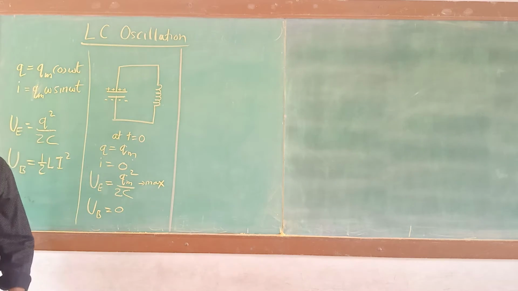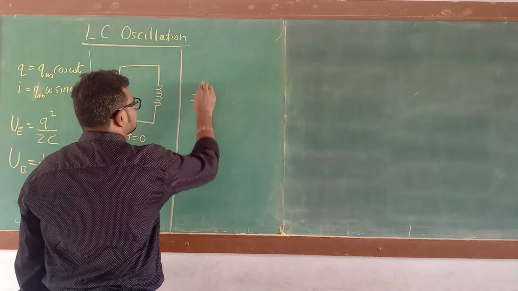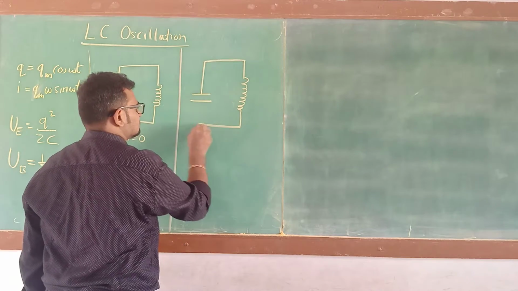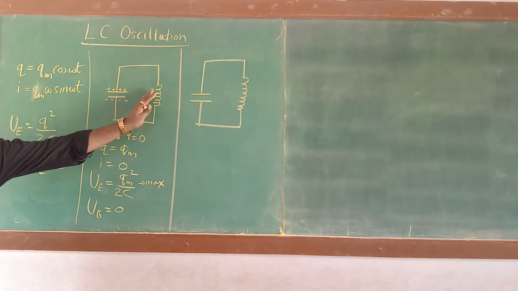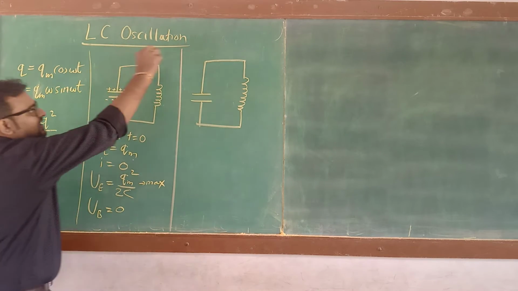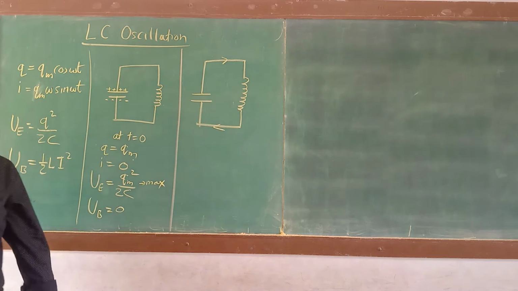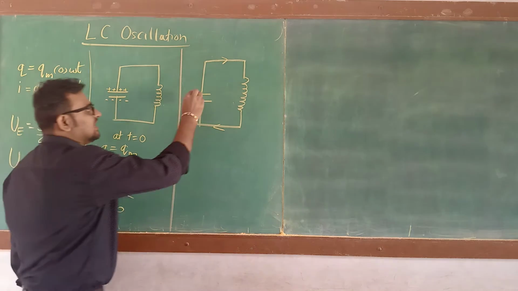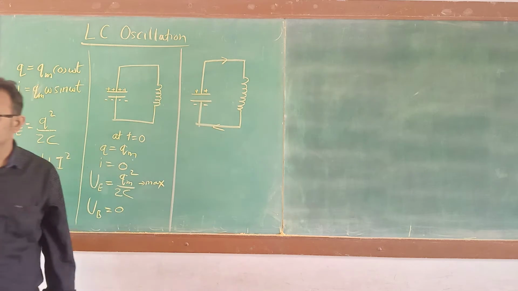Now let's see what happens as time progresses. When this is connected, at that time the charge starts flowing in this direction. The charge on the positive plate decreases.